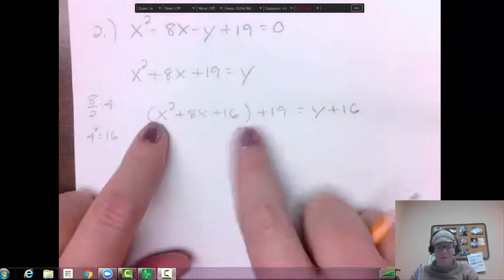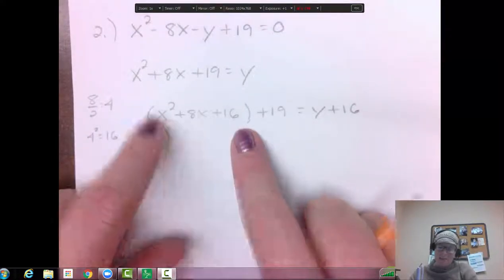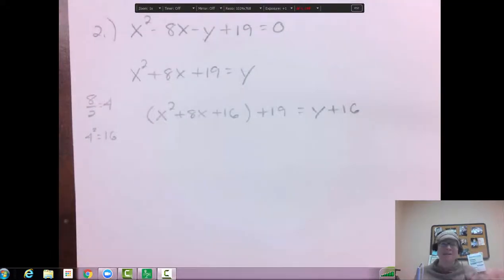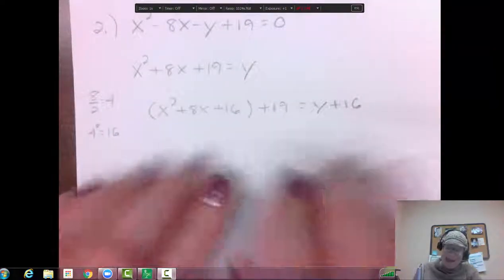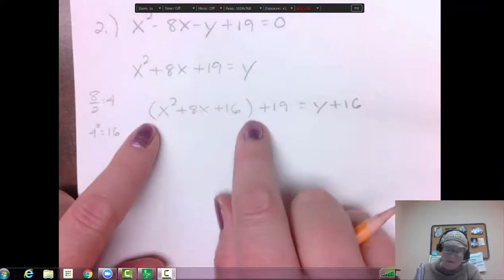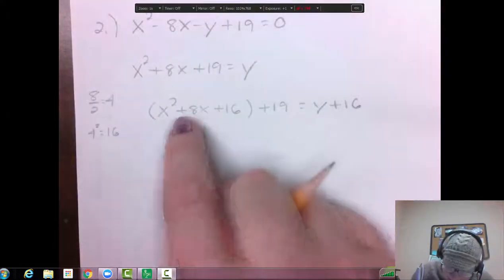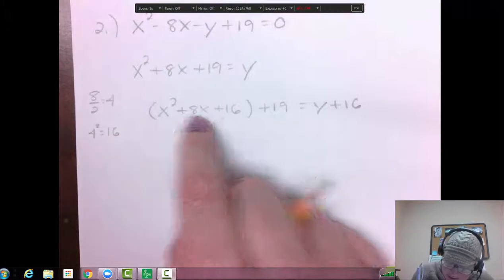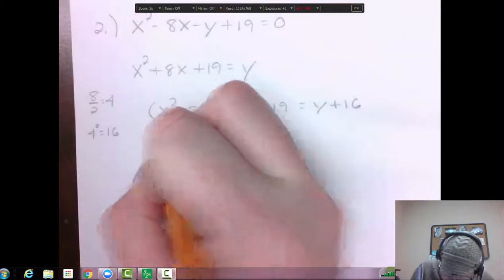I put a parenthesis around this, but I didn't change anything. But what I do to one side, I have to do to the other, or the balance doesn't stay there, and it makes it false, or not the same one that we originally started with. So I added a 16 so that this one would factor, because 4, what we cut in half here, 4 plus 4 is 8, and 4 times 4 is 16, and it's plus and plus.